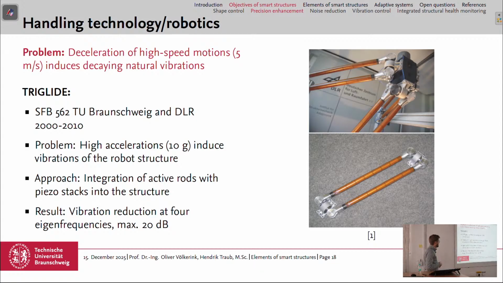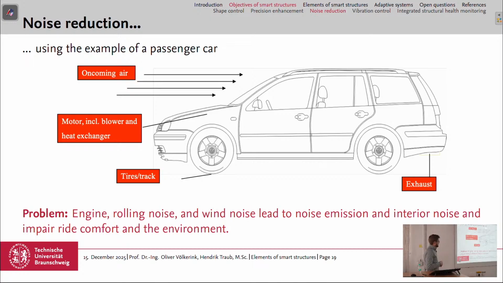So then we move over to noise reduction, also a field of smart structures, using the example of a passenger car. You have several sources of noise for the interior, for the passengers. You have the oncoming air.